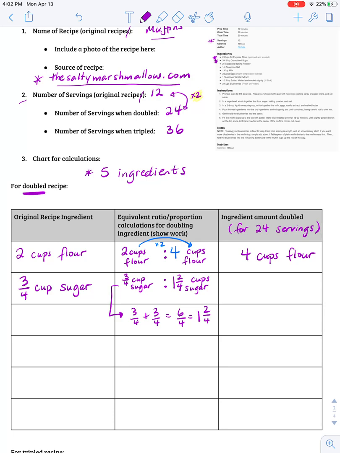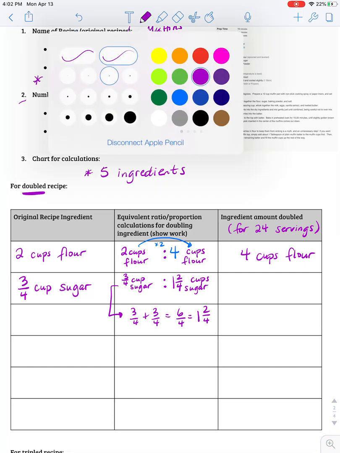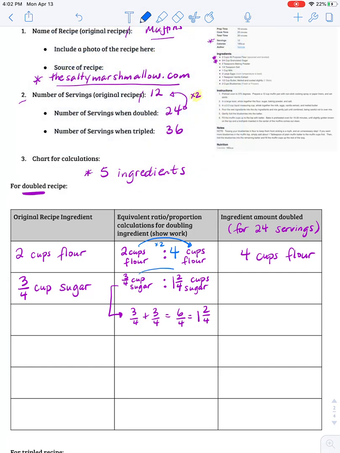So again, 3/4 plus 3/4, we're simply doubling the amount. We are multiplying it by 2. So I am going to put that up here too. But to make it easier, we're just going to double the fraction. Note when we double fractions that the denominator has to stay the same. 3/4 plus 3/4 gives us 6/4.